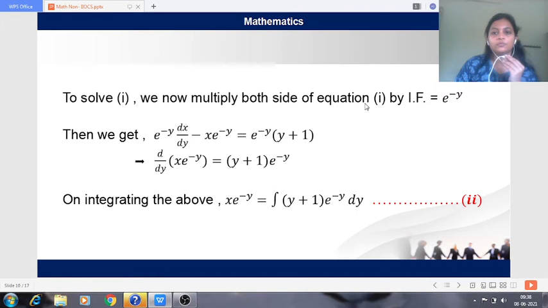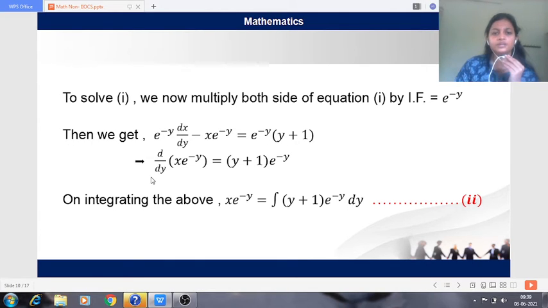Multiplying equation 1 by the integrating factor, we get e to the power minus y into dx/dy minus x into e to the power minus y is equal to e to the power minus y into (y + 1). This implies the left-hand side can be written as d/dy of x e to the power minus y, is equal to the right side, which is the same.